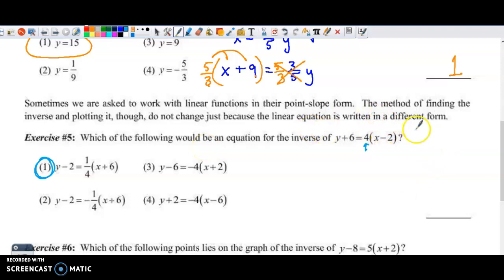Now the other way of doing this would be to literally switch x and y and then solve. So if I were to do the problem that way, I'll switch back to orange, it would be x plus 6 is equal to 4 times x minus 2.